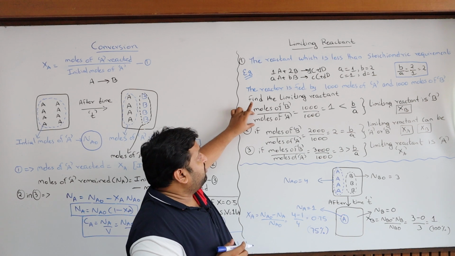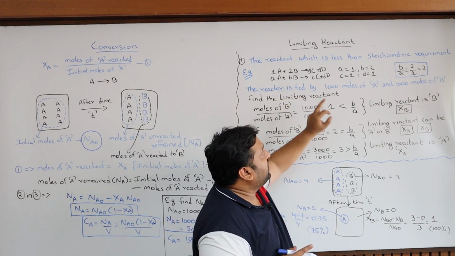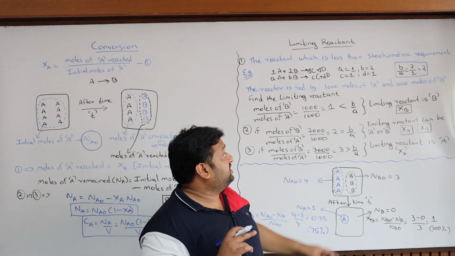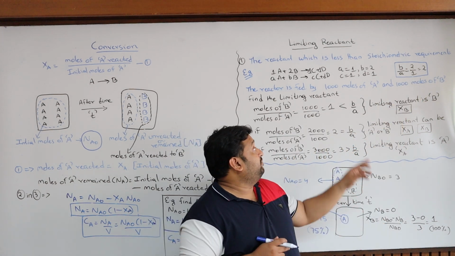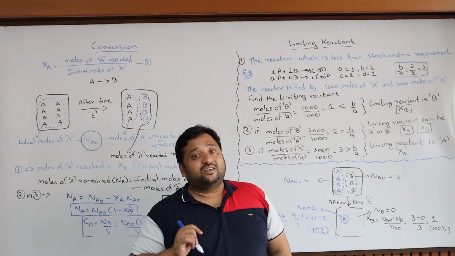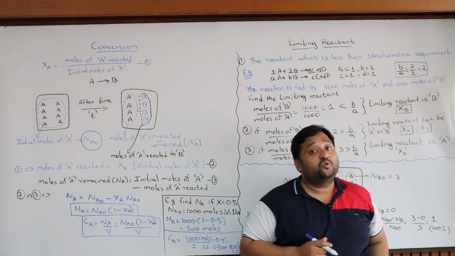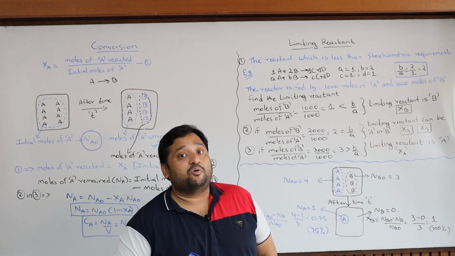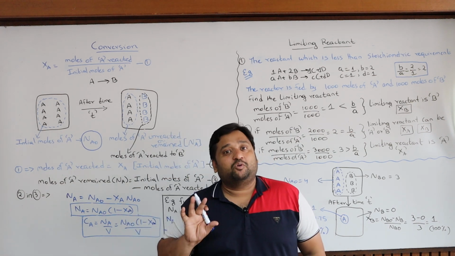Moles of B divided by moles of A in the reactor is 1000 by 1000, which is 1. That is less than the stoichiometric requirement. That means for every 1 mole of A, only 1 mole of B is present, but I need 2 moles of B for every 1 mole of A. That means the amount of B is less than the required amount.